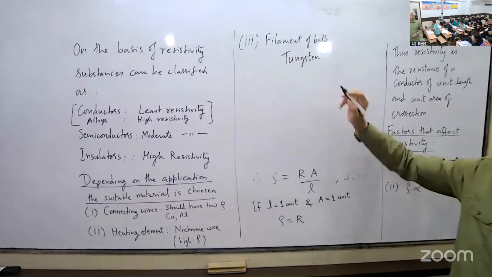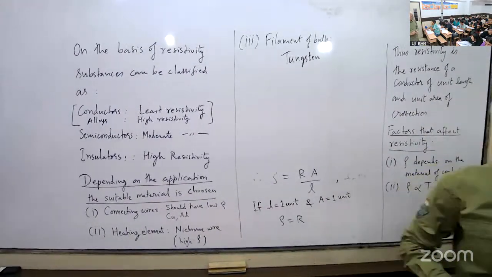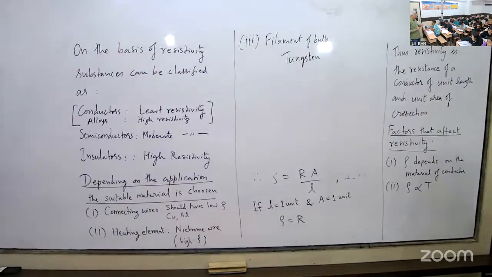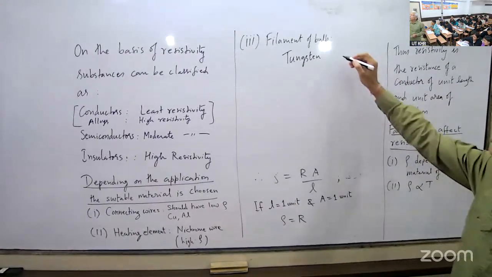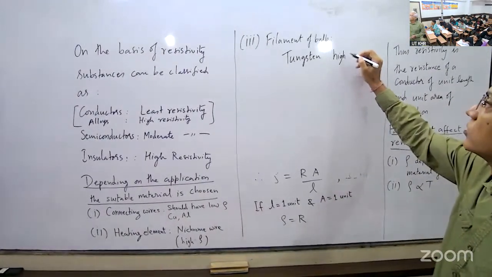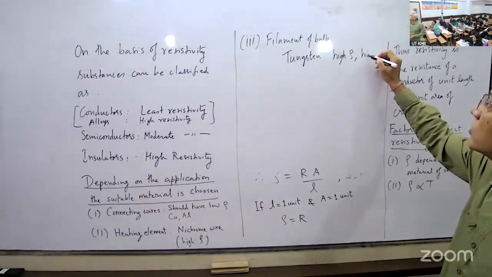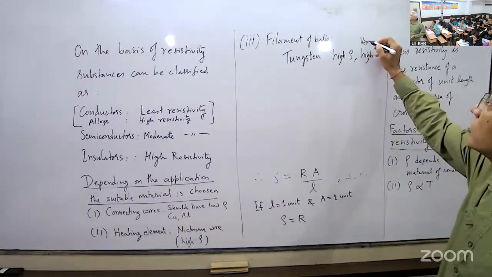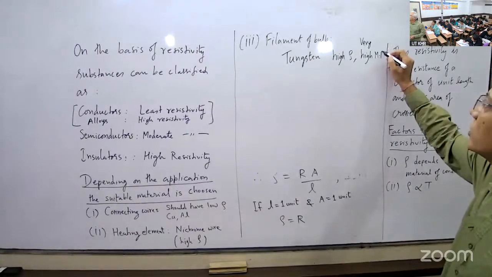What about the filament of a bulb? Obviously, it will have high resistivity as well as a very high melting point.